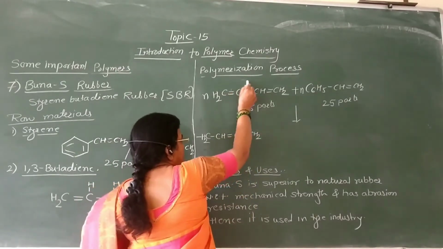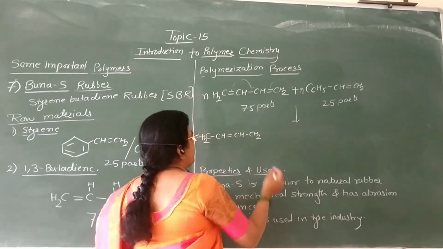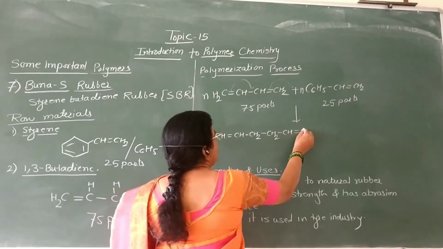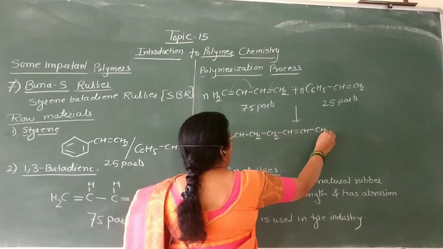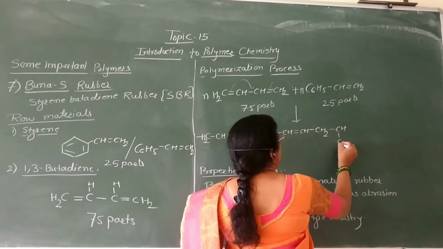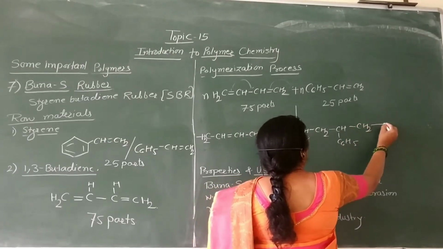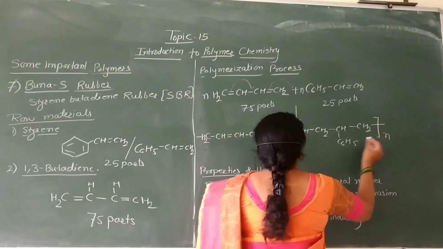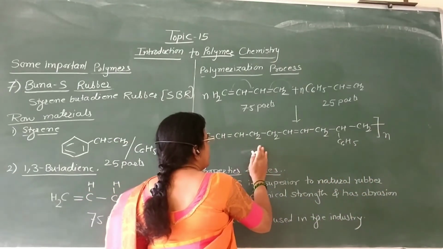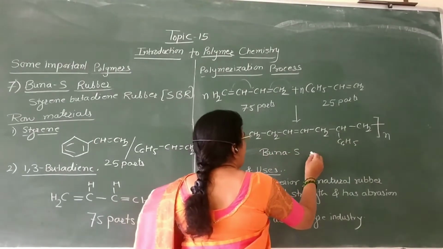During addition, this bond shifts here and this bond gets shifted into the next unit. Then again CH2, CH=CH, CH2. Then this CH, C6H5, CH2. Then next n times. This is styrene. This is Buna-S or SBR rubber.